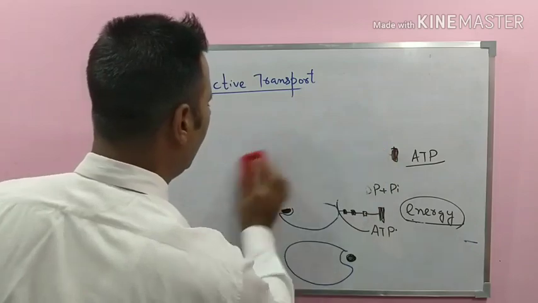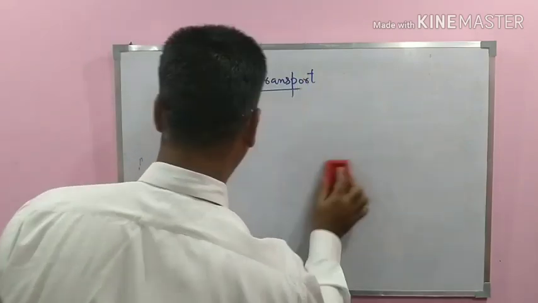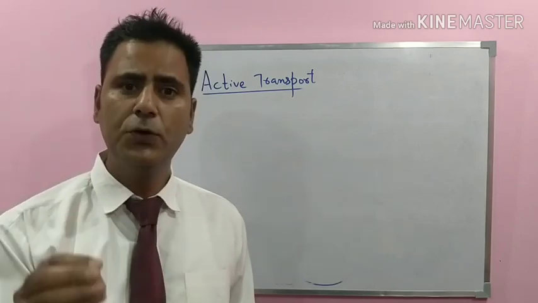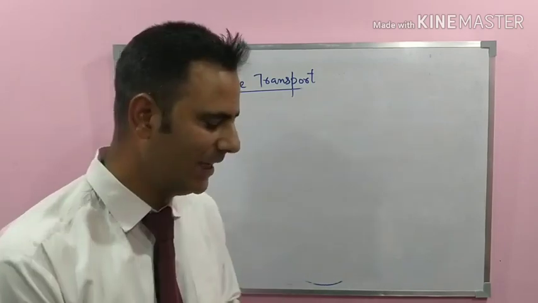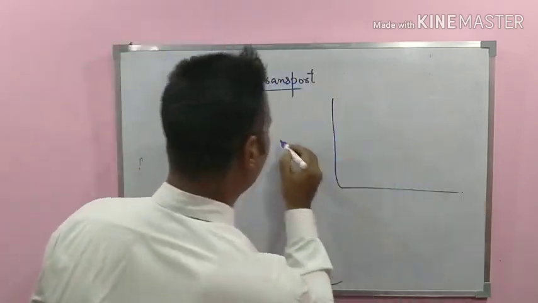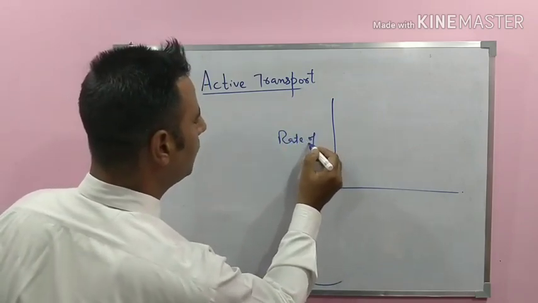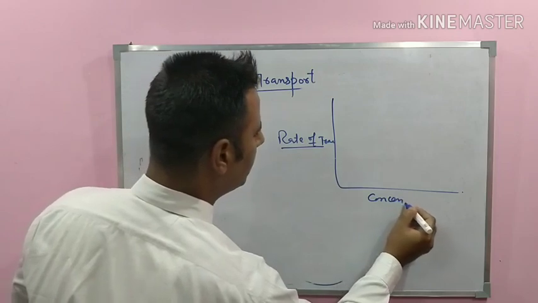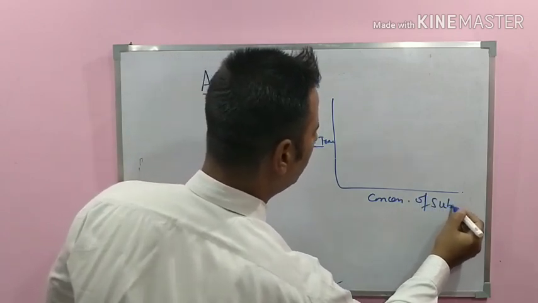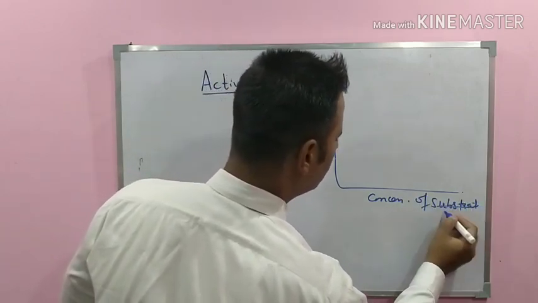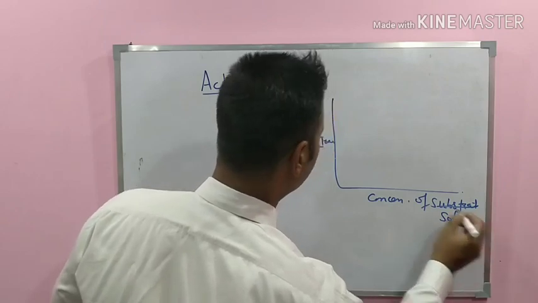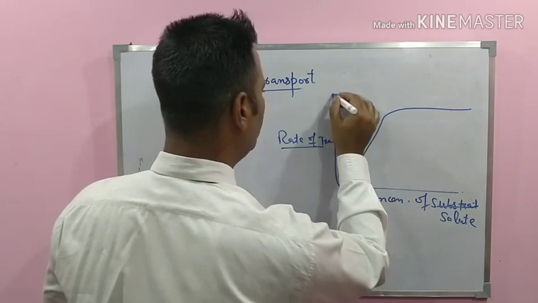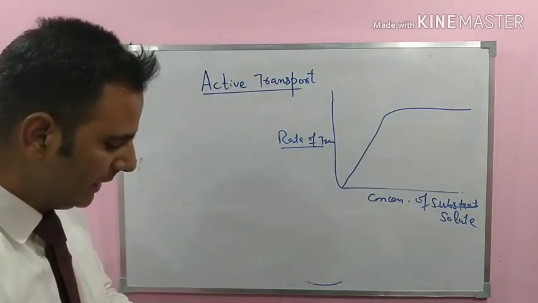Then the second thing we have here, which we were discussing earlier, is that active transport shows saturation kinetics. We plotted the graph of the rate of transport versus the concentration of solute or substrate, and we have seen an S-shaped curve.